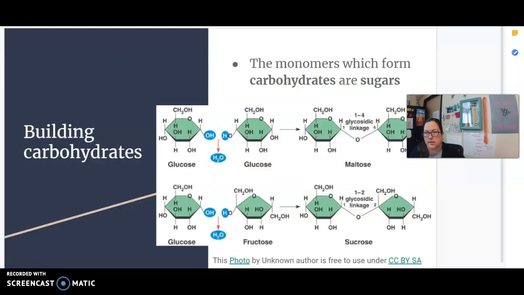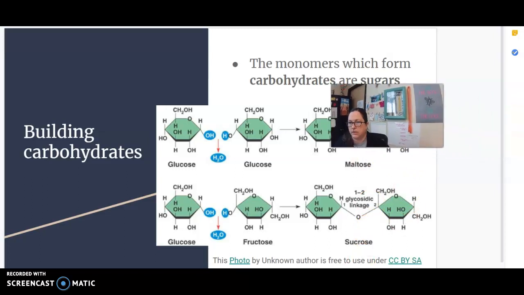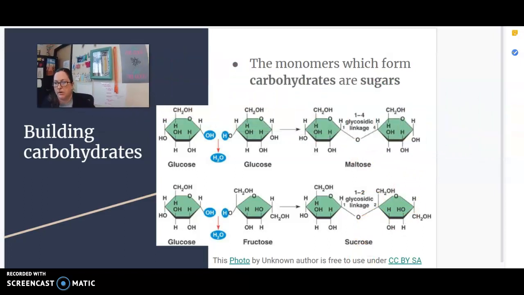All right. Building carbohydrates. So the monomers, which are joined by dehydration synthesis to form a carbohydrate, are sugars. Here you see the formation of maltose and sucrose. Don't worry, you're not responsible for memorizing structures of particular sugars for the AP exam.